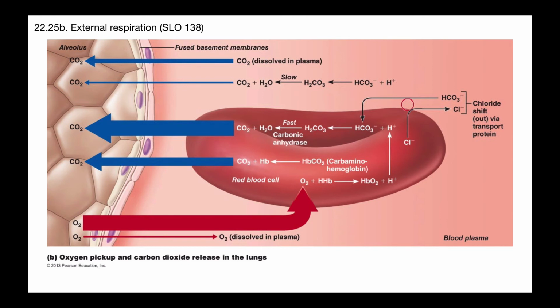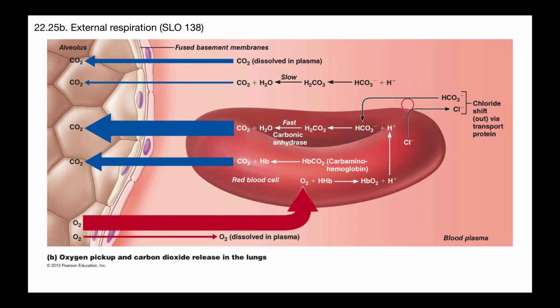So again, we look at oxygen. Oxygen mostly is going to be connecting with hemoglobin, and in this case, the oxygen is going to take the place of the hydrogen ion that had come in from the carbonic anhydrase before. A little bit of oxygen also comes in dissolved in the plasma.